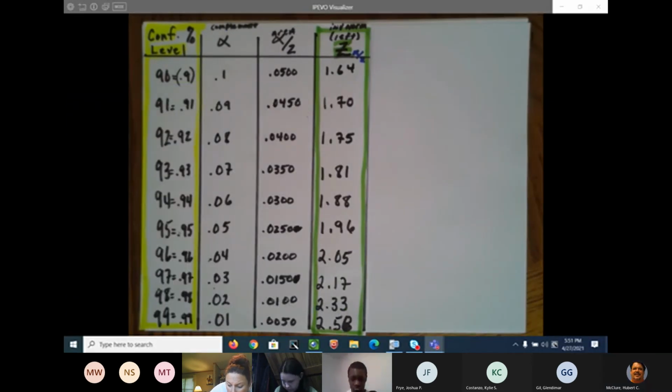Now, the complement of alpha: 0.1, 0.09, 0.08, 0.07, 0.06, 0.05, 0.04, 0.03, 0.02, 0.01.